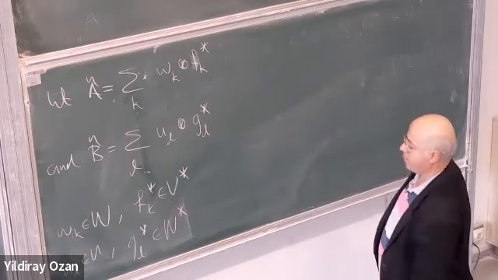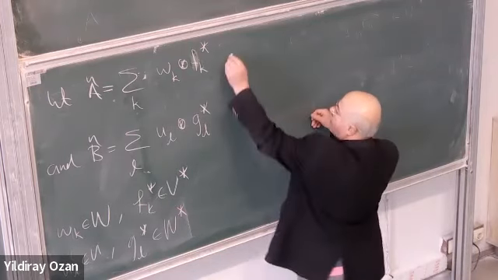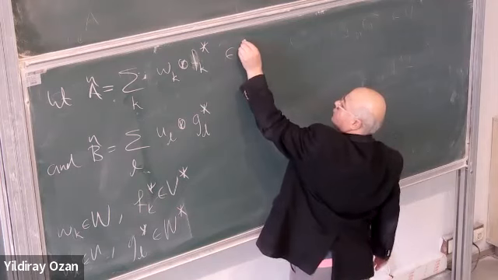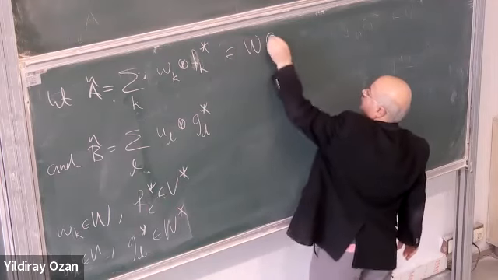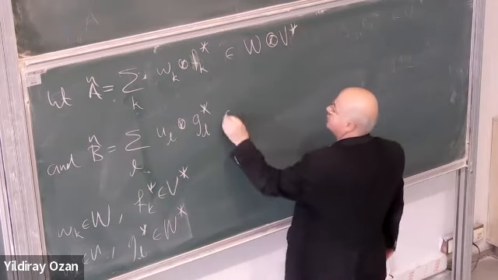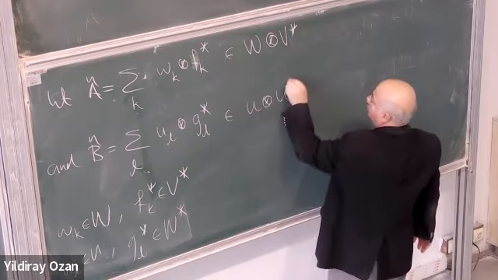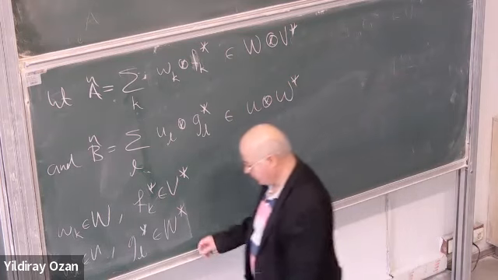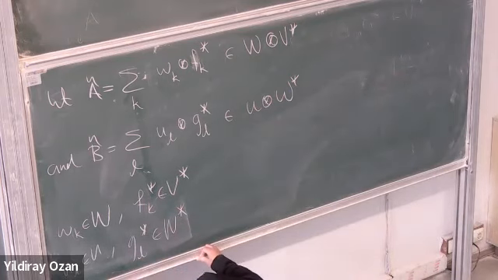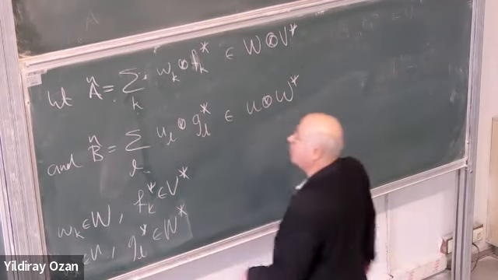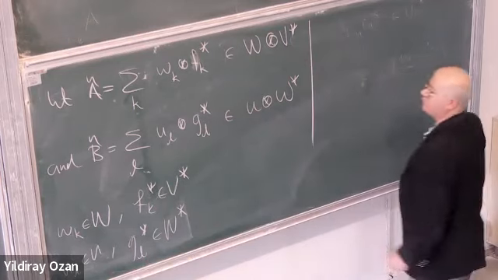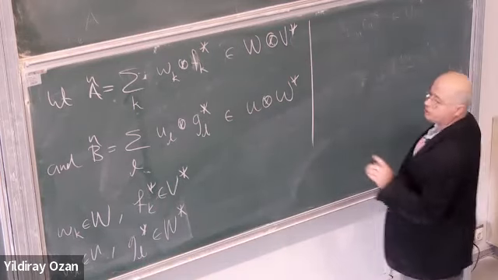Because where is this? This is in W tensor B star, and this is in U tensor W. Okay. Well, then what will be the composition?